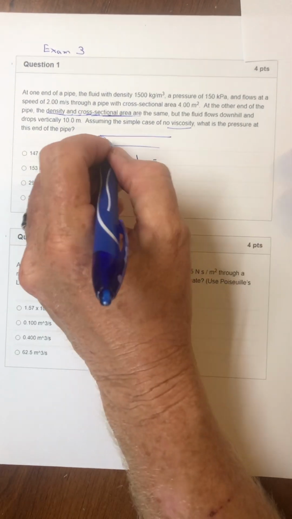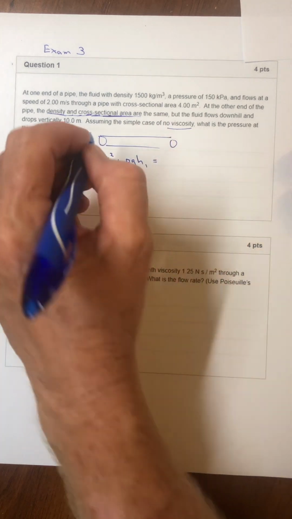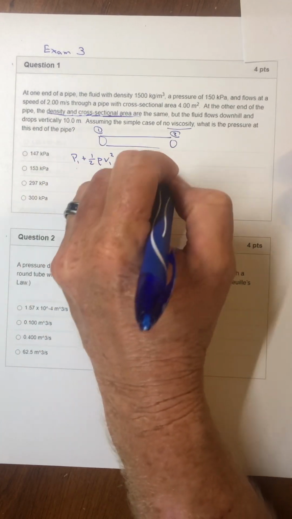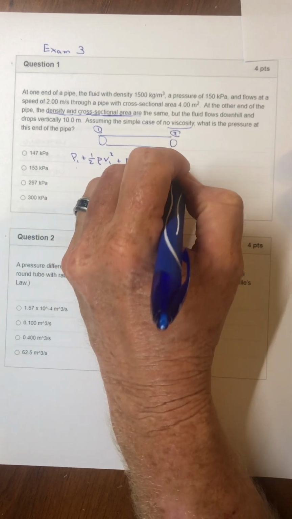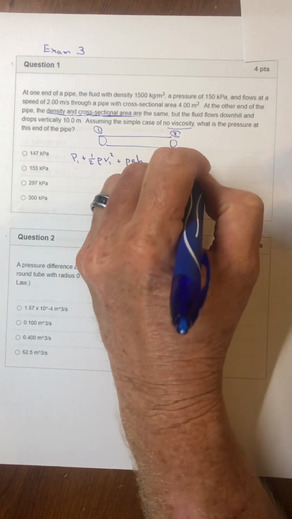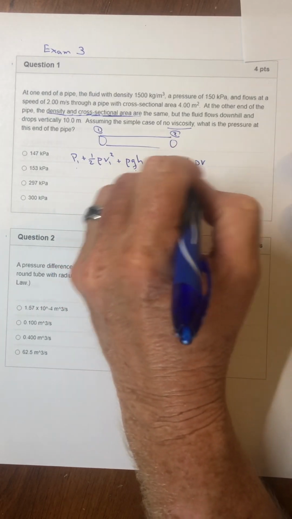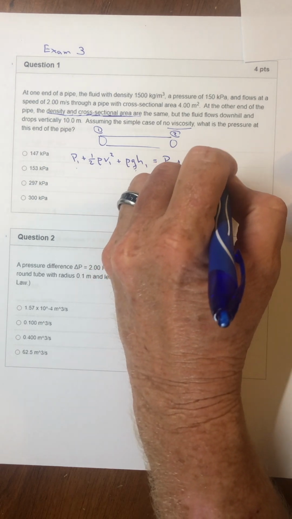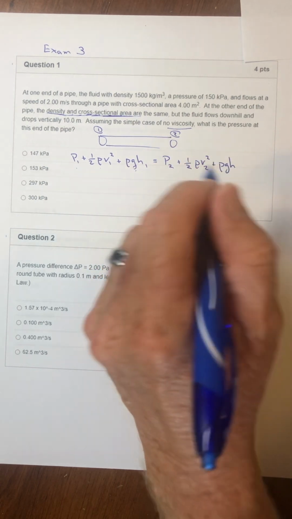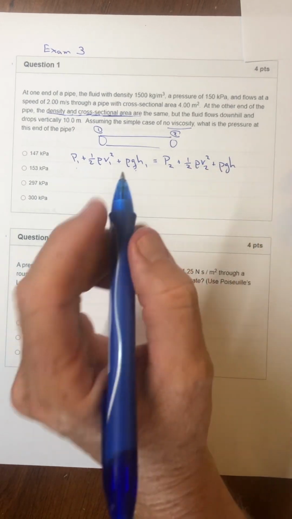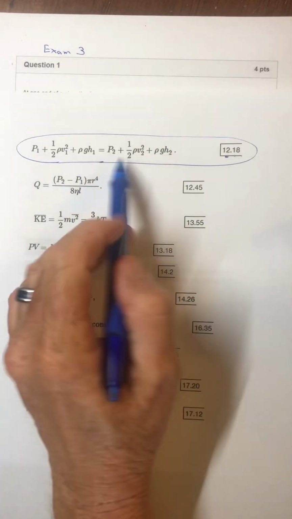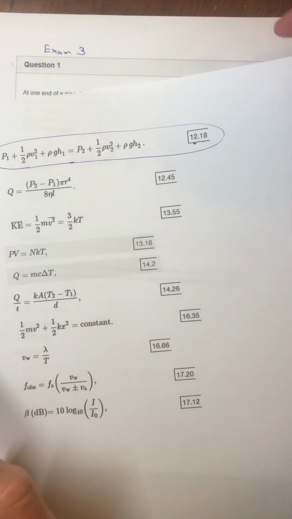Okay, and then it goes through the pipe and it gets to the other end. So we'll call this 1 and number 2. And because of conservation of energy, we should have the same total energy, although it might be in different forms. And that's the main idea behind this equation and Bernoulli's idea here.